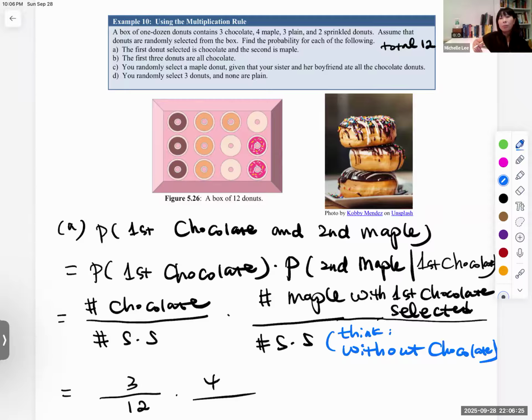Like my son randomly selects fruits and then my daughter picks an orange first, like that. So how many in the sample then? We had 12, and then the first chocolate is picked, right? So we have 11 then, right? So 11.